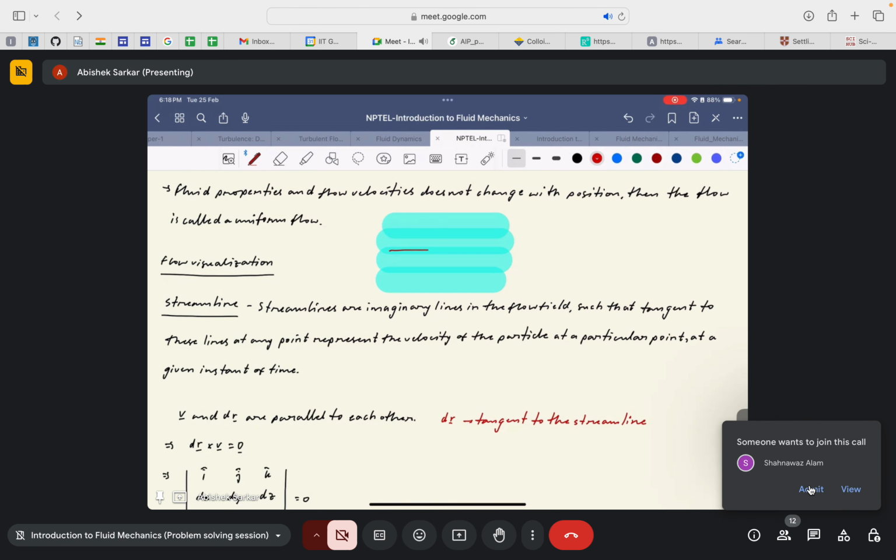If you place dyes of different colors, say this is blue and say this is green, you'll see that these dyes tend to flow in separate layers. Okay, they do not intermingle with each other, but rather tend to follow some straight path.